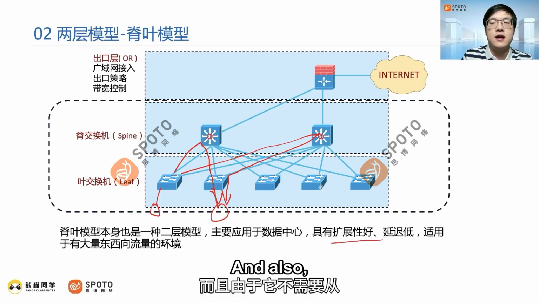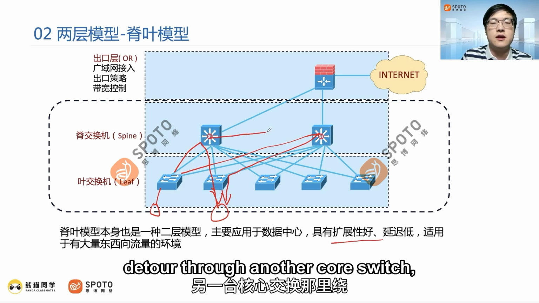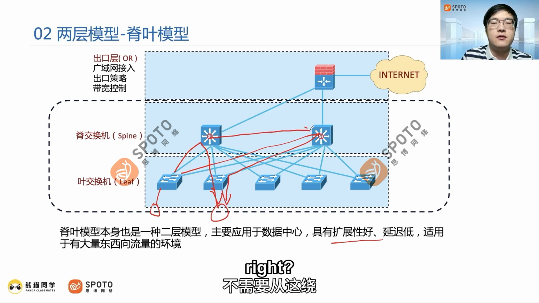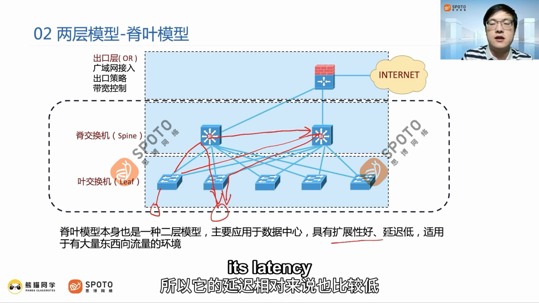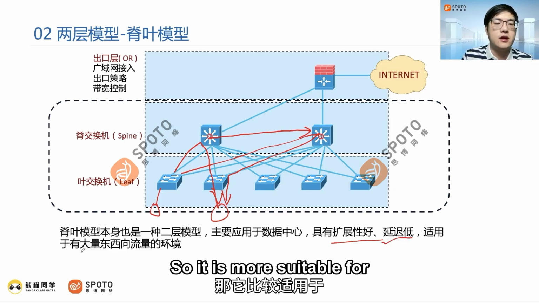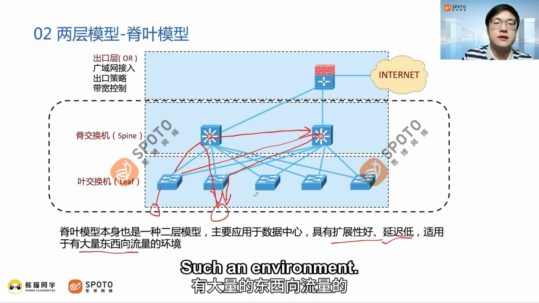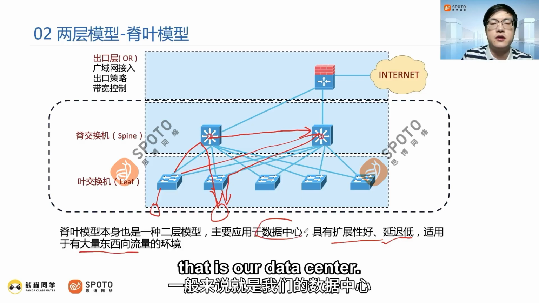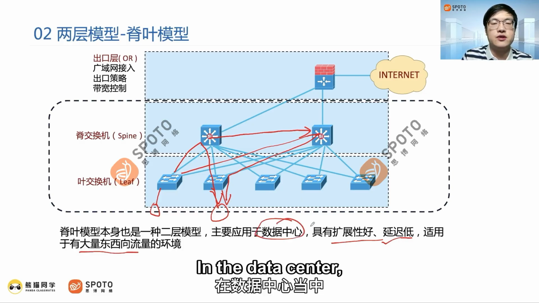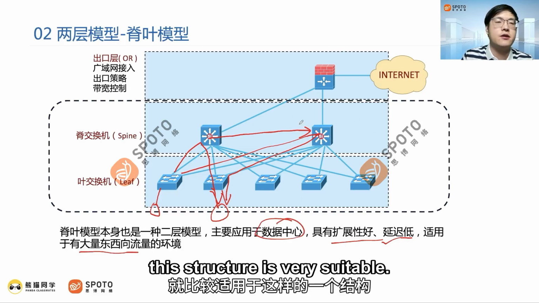And since it does not need to detour through another core switch, its latency is also relatively low. So it is more suitable for environments with heavy east-west traffic, generally our data center. In the data center, this structure is very suitable.